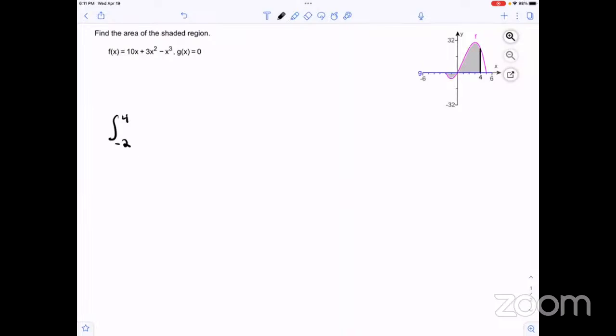I'm just gonna try what my first mind is telling me, and then if it doesn't work, there's something else we can try. It's x goes from -2 to 4, and I think it's just the 10x plus 3x squared minus x cubed, dx. Okay, I think this is fine.